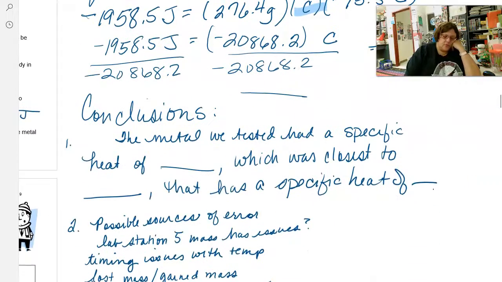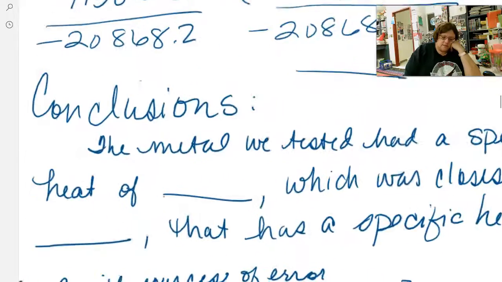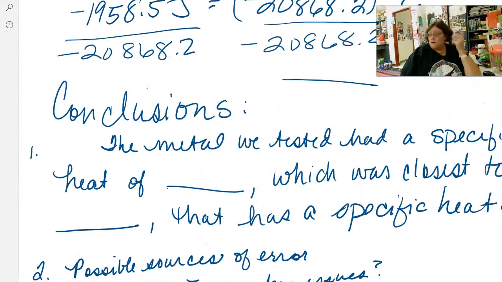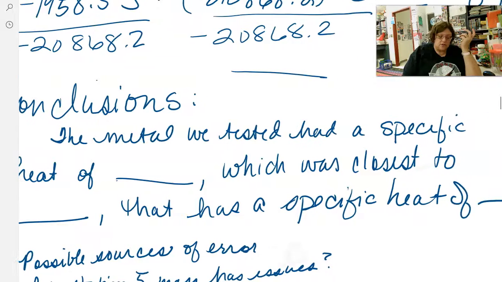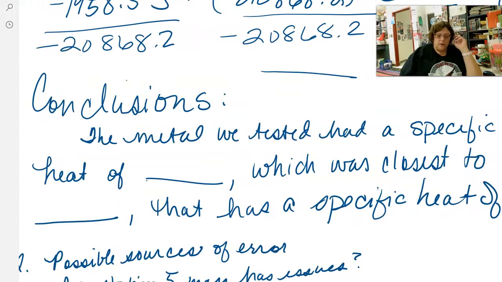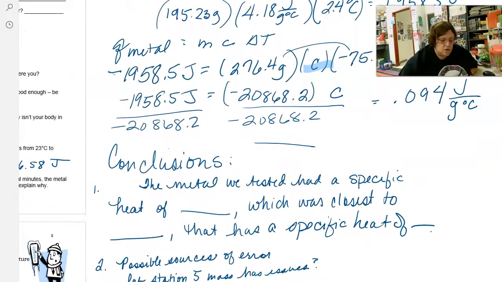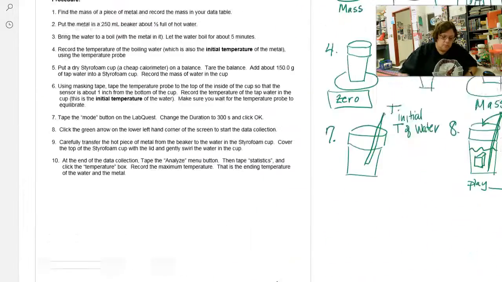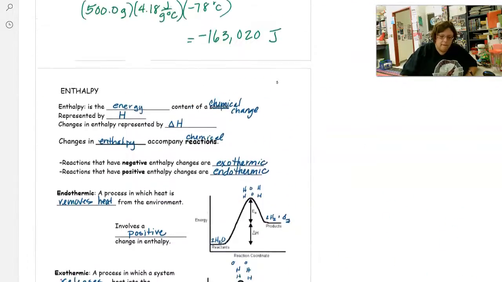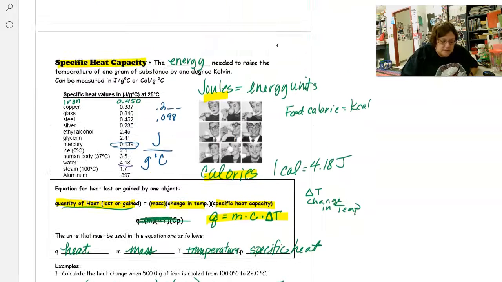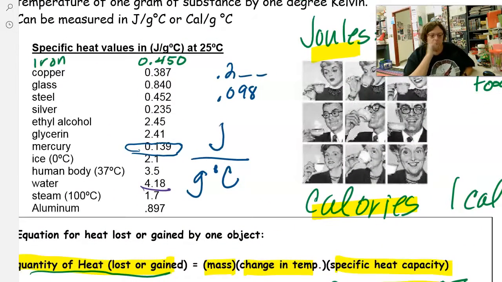So the first question asks what metal did we identify? And that was our beginning question. So we're going to make a claim. The metal that we tested had a specific heat of, and you're going to put in whatever you got. And you're going to go back to page 4 and look and see what that is closest to. The one I just calculated was 0.09 something.